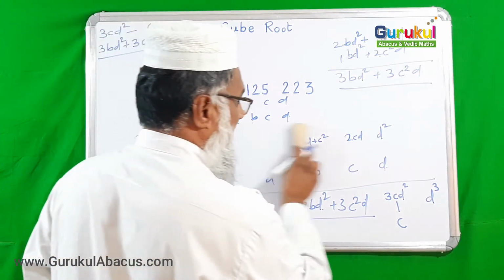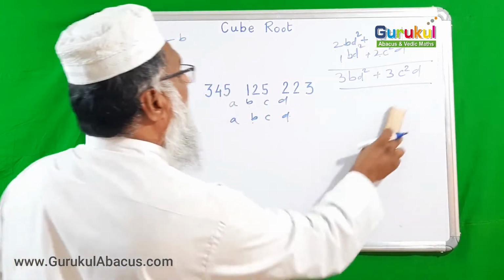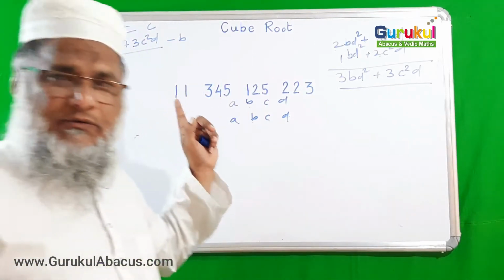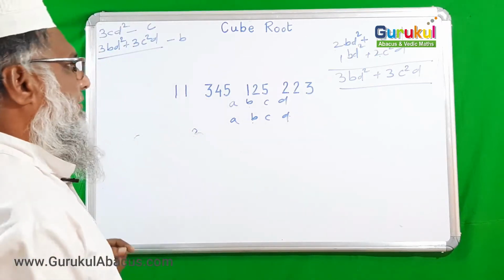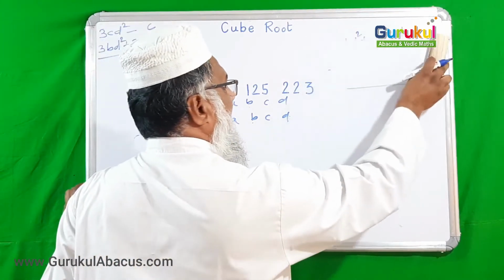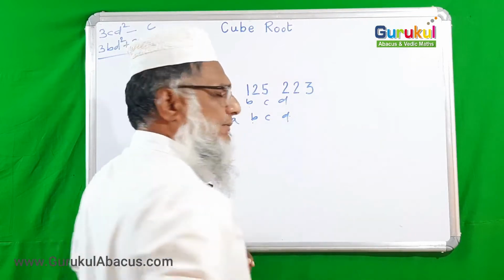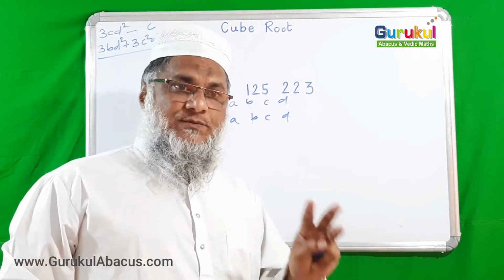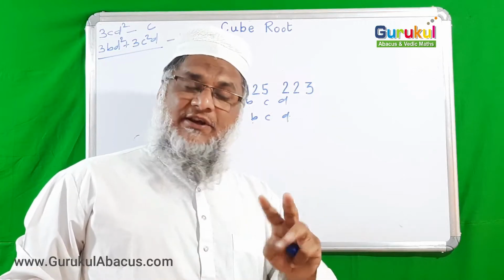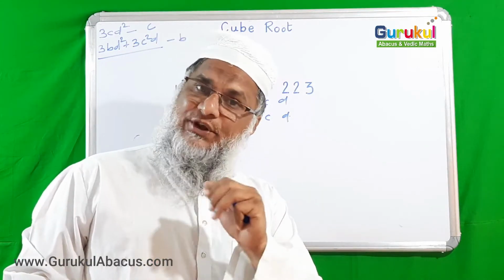Now this we are rubbing, and this formula is forever. Just as in the previous term, when there was an example of 3 pairs, we had found 3bc square. That was for the example of 3 pairs where we were getting an answer of 3 digits.